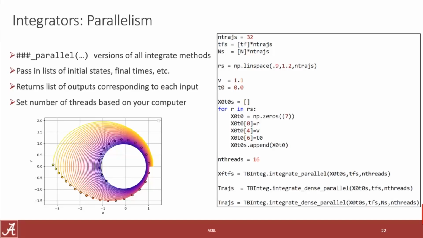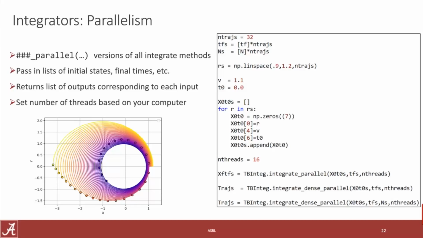So ASSET, if you remember in the first slides, one of our goals was we want this to be an easily parallelizable tool for large trade studies. So the triple pound sign here is any of those previous integrator methods. All of them also have a method _parallel version, which does parallel propagation of whatever method you call.